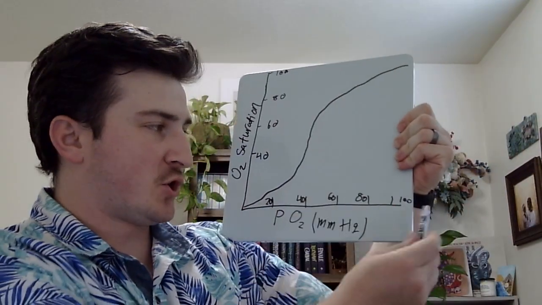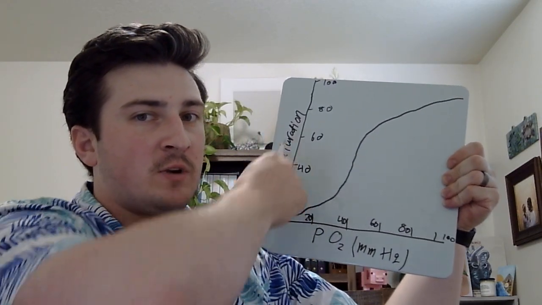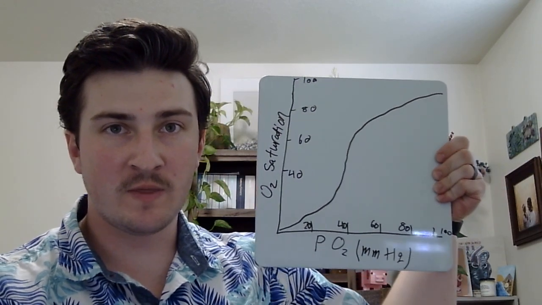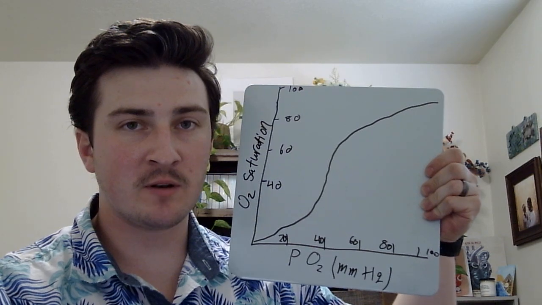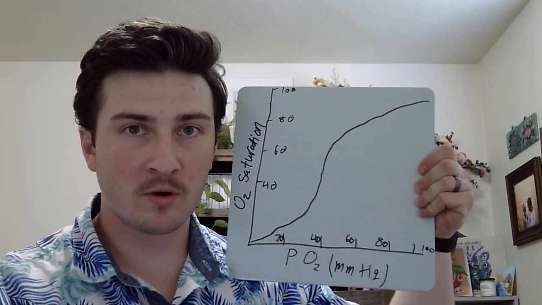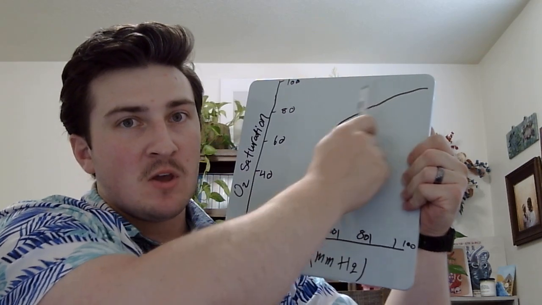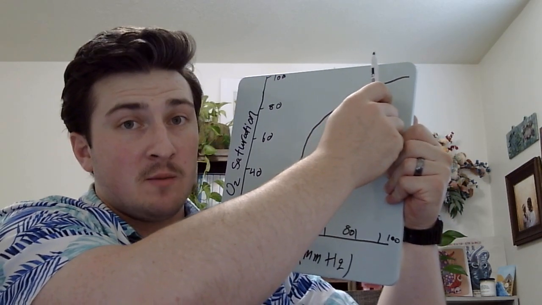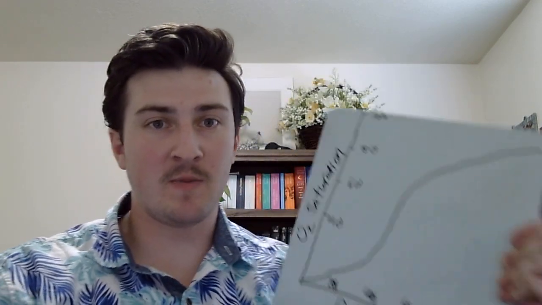Obviously, as there's more pressure of oxygen available to our bodies, it's going to increase our saturation of O2 in the blood, and if there's more O2 in the blood, then hemoglobin will bind more until it gets up here to where it is fully bound. So once it starts getting fully bound, all the hemoglobin molecules are occupied by oxygen until you get to the top, and then you just can't bind anymore.